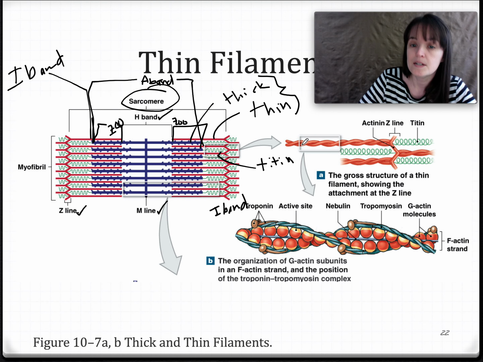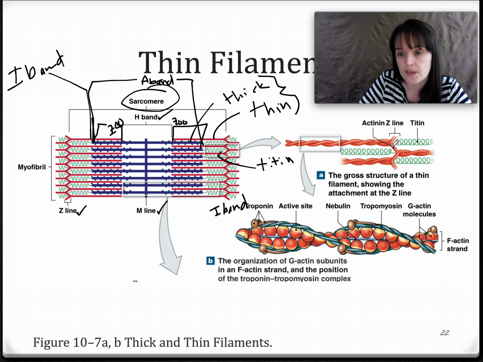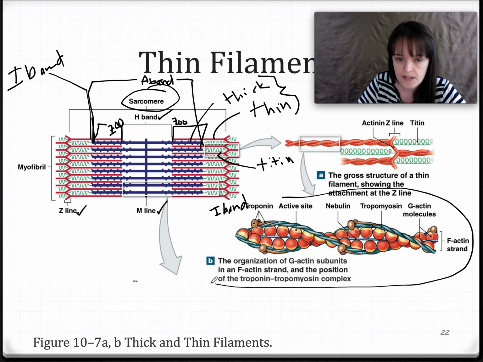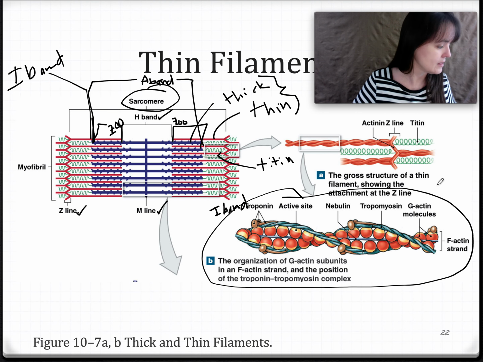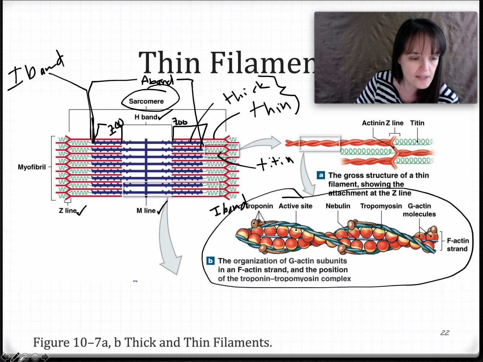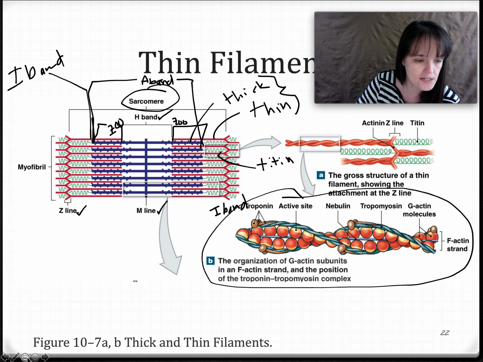All right, so here it shows the thin filaments attaching to the Z line along with the springy titins. And so here is the whole picture of what the thin filaments actually look like. So the 4 proteins of the thin filaments, and I'm going to change pen color.